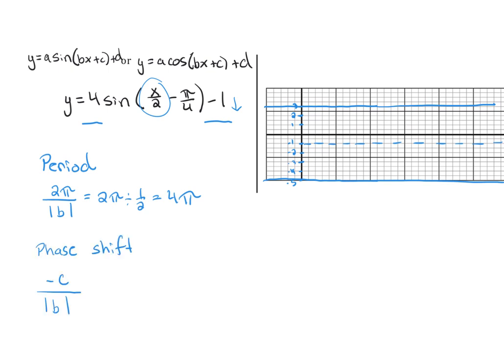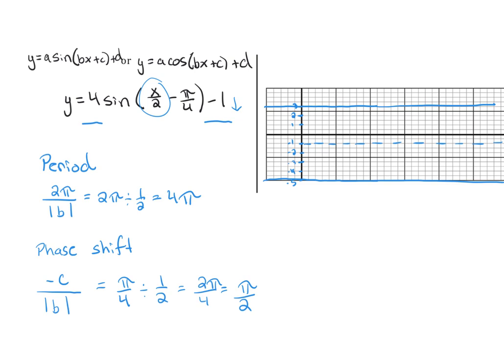And then the phase shift, so the opposite of c, so it's actually positive pi over 4. And then divided by b, which is 1/2. Dividing by 1/2 is the same as multiplying by 2. So 2 pi over 4 is pi over 2.